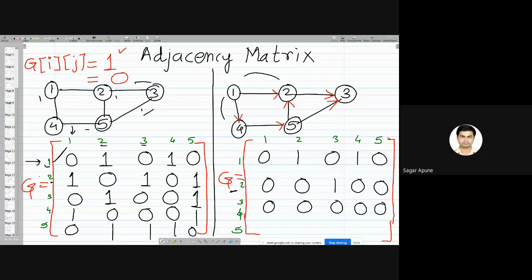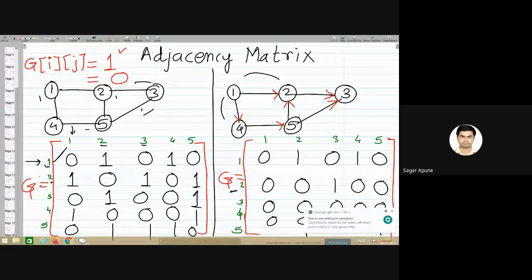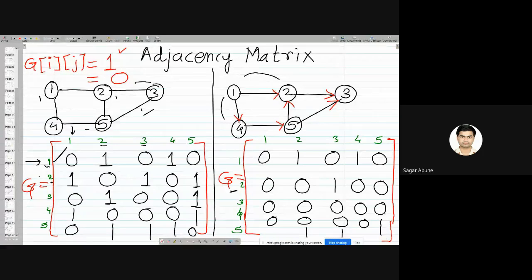The 4 to 5 edge is there, so here 1 and others are 0. Then 5 to 2 and 5 to 3, so 1 for each, remaining are 0. Okay, so this is your adjacency matrix.